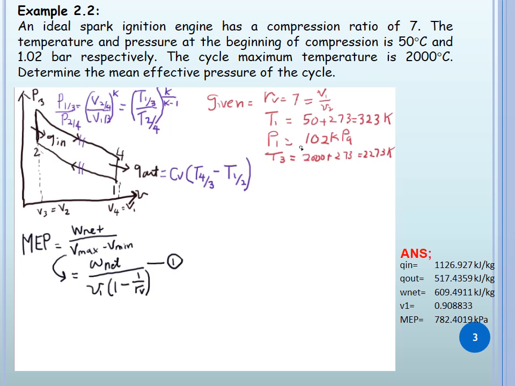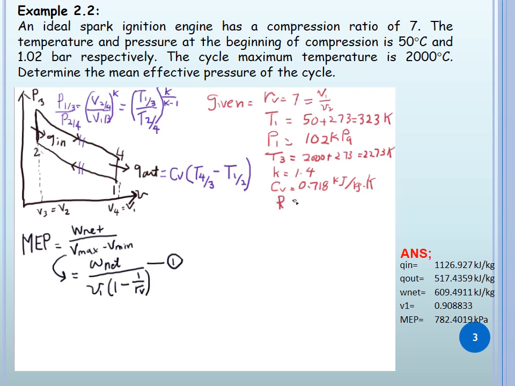Okay, and then what else? A constant that we have: K is 1.4, Cv is 0.718 kilojoule per kilogram Kelvin. We already know this constant, we already showed you at session 1. And then what else do we have?